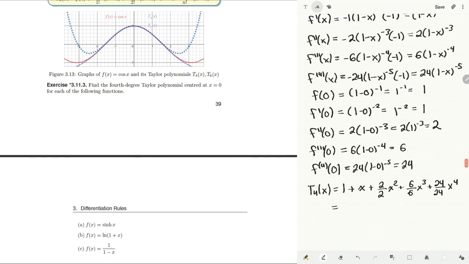And simplifying, we end up with 1 plus x plus x squared plus x to the 3 plus x to the 4. And again, you can see a pattern with the Taylor polynomial. If we wanted the fifth degree Taylor polynomial, we would just add the term x to the power of 5.